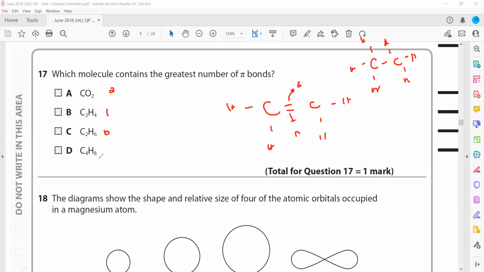And C4H6, like 4 carbon atoms, this will have 2 hydrogen, this will have 1 hydrogen, 2 hydrogen, and 3 hydrogens. Rest all are sigma, but in these two, the double bond, one is sigma, one is pi. So this also contains 1. So the answer is carbon dioxide, which contains the maximum number of pi bonds. Sigma bonds are formed by complete overlapping of the orbitals.